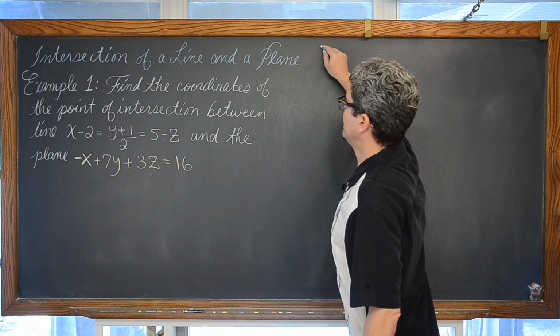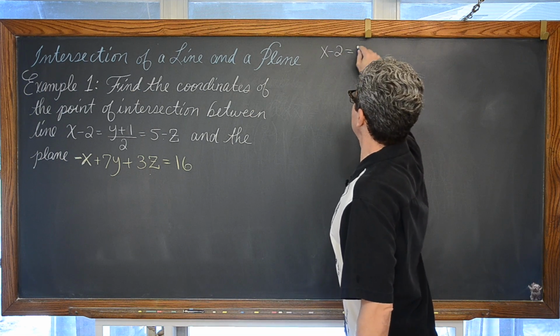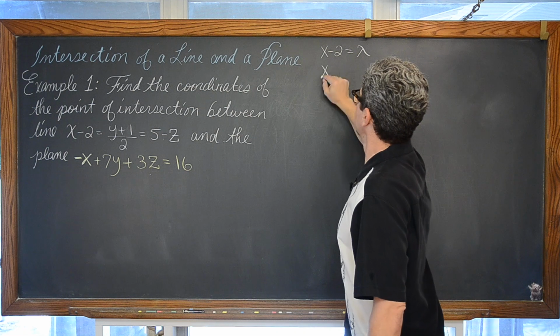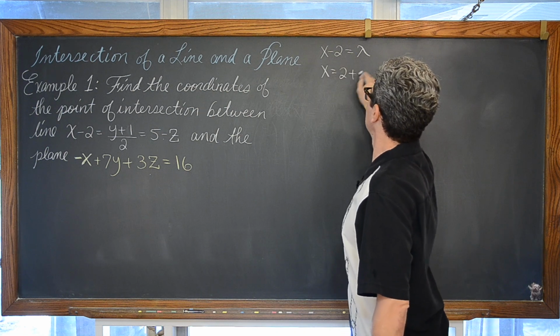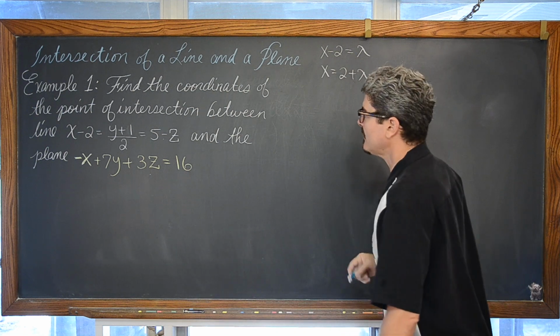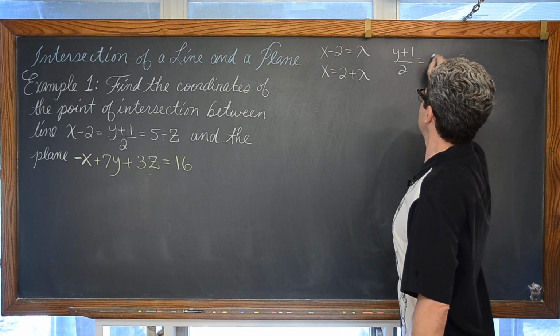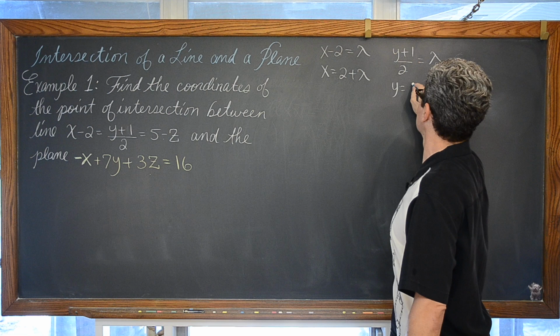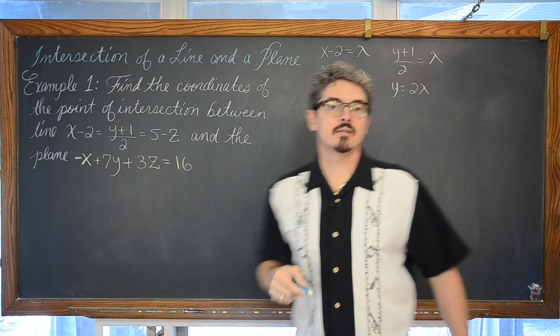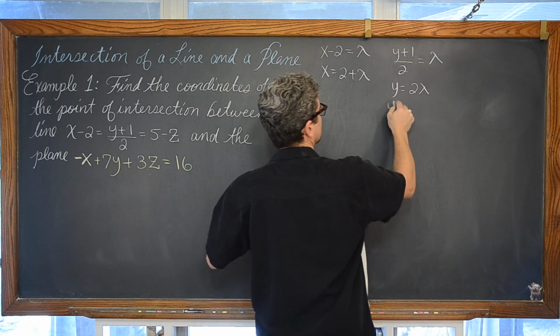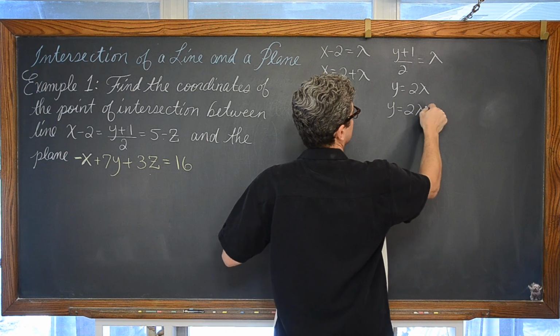So we have x minus 2 is equal to lambda, therefore x is equal to 2 plus lambda. We have y plus 1 over 2 is equal to lambda, so y plus 1 is equal to 2 lambda, and now finally y is equal to 2 lambda minus 1.